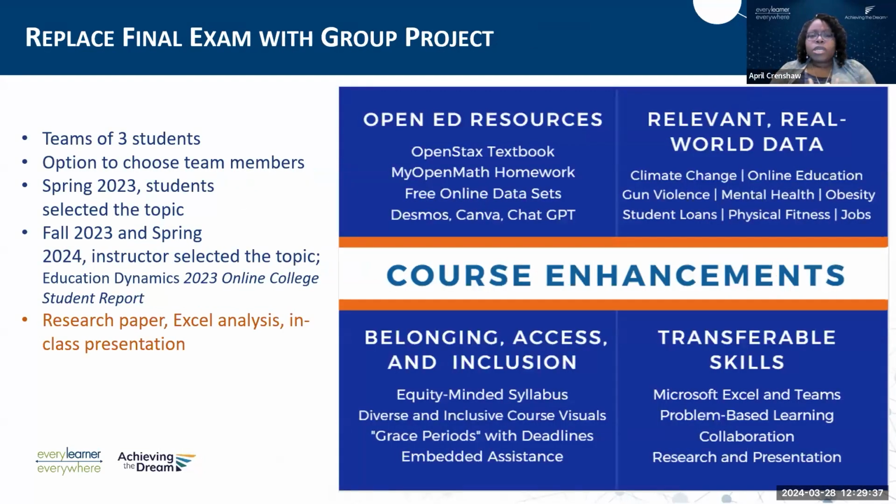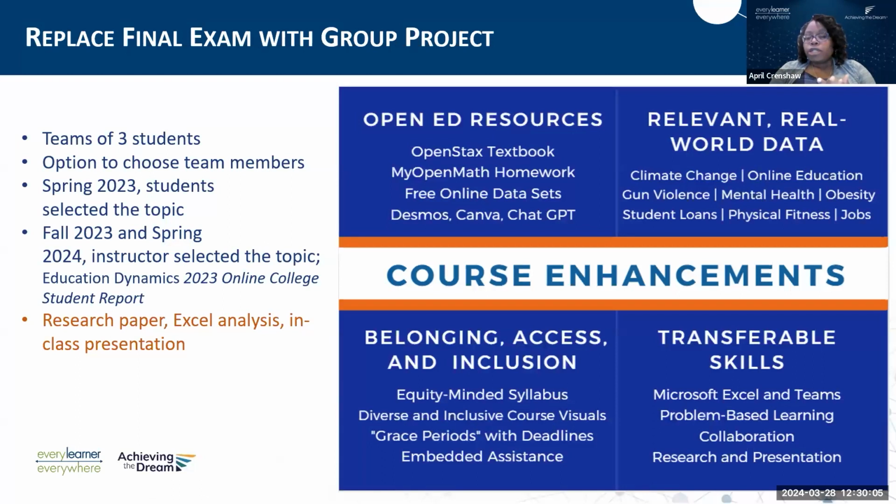So our big course enhancements. We were going to use open ed resources. We were going to make the course feel relevant and real for students by using real world data. We were going to focus on belonging, access, and inclusion.